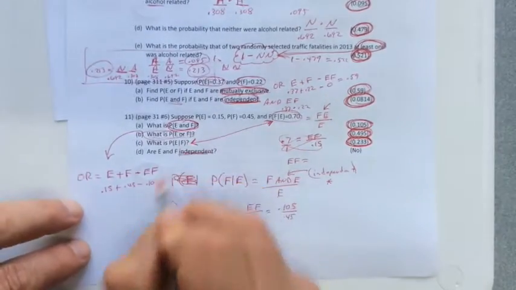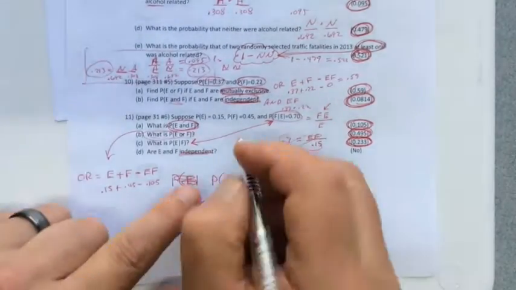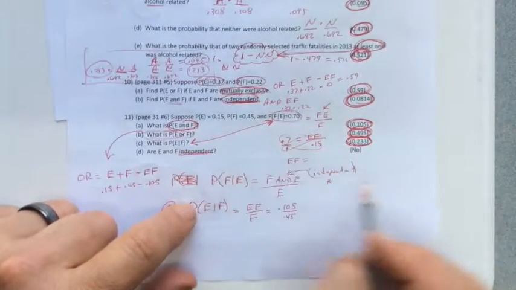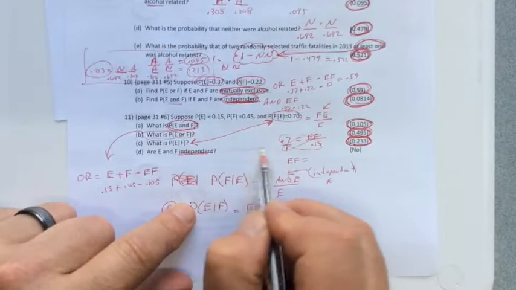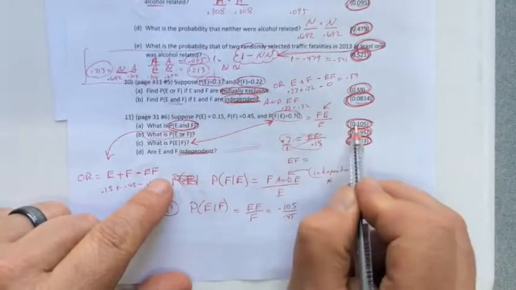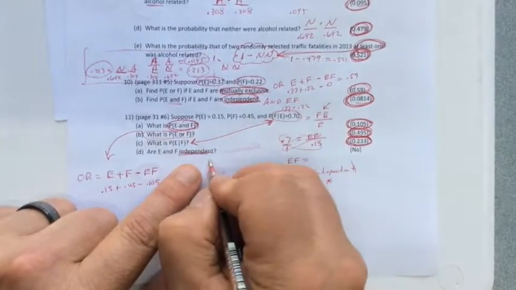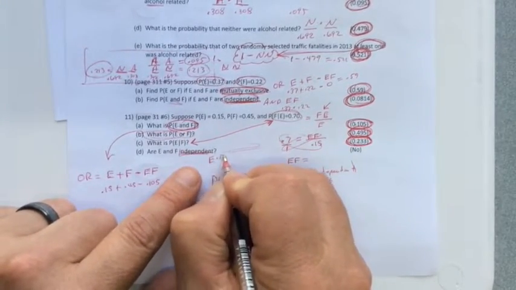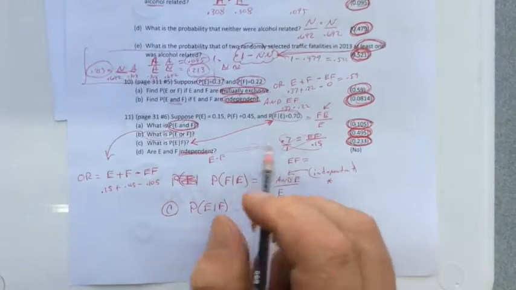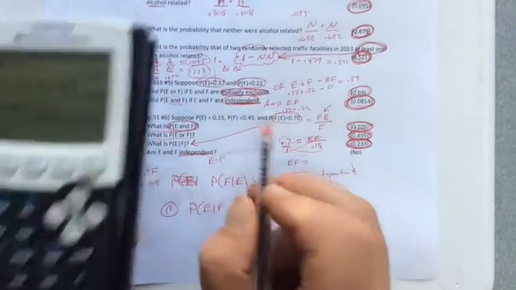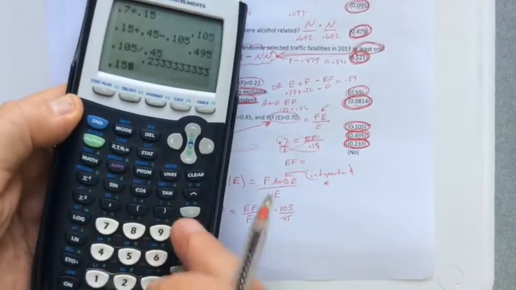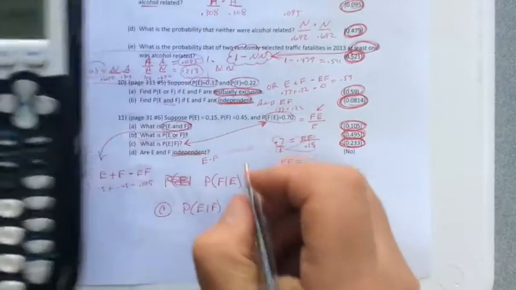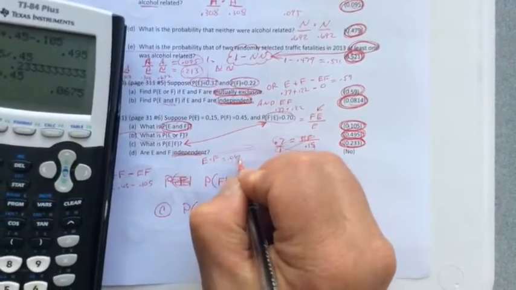Are E and F independent? See how we used the formula to figure out E and F over here. We found out that E and F was 0.105. If we just multiply together E times F, so 0.15 times 0.45 is 0.0675.